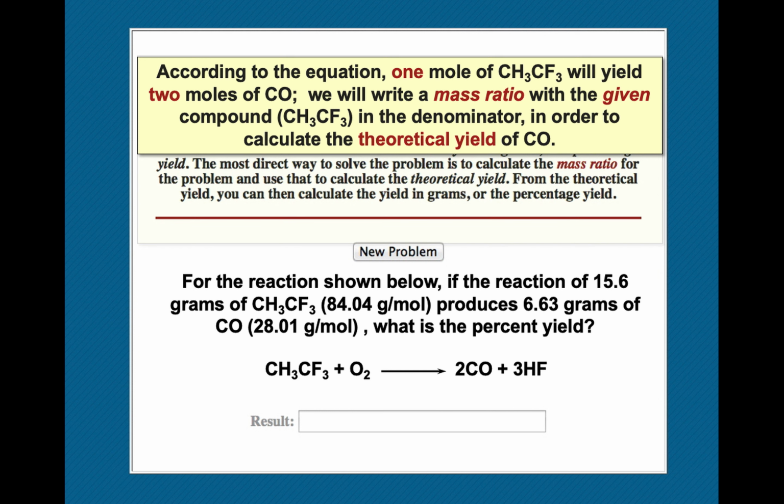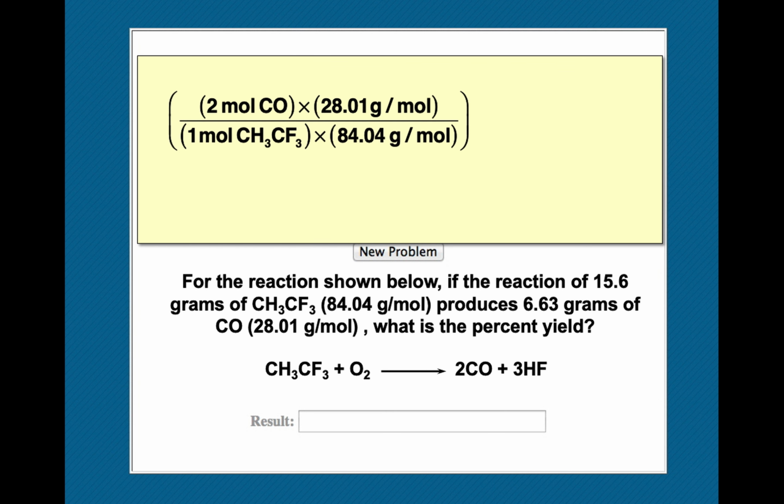Our mass ratio, 2 COs for every 1 trifluoroethane. Here's its molar mass, molar mass. Multiply them. Don't want to do that. Last time it broke, remember? Ouch. I think we're in shape.